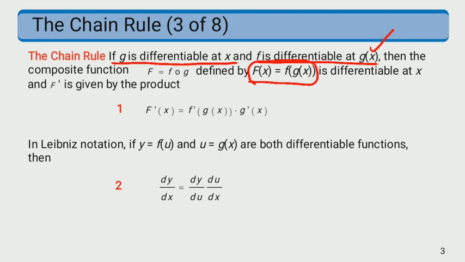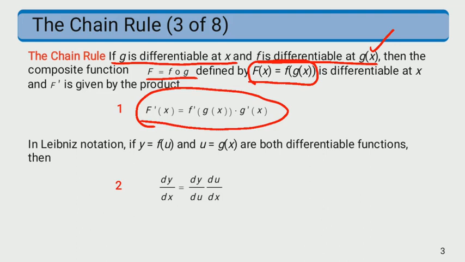Remember, we can let g of x be u, which is the inner function in our composite function. Then we define our composite function to be this form, and we define our derivative of f to be this expression.